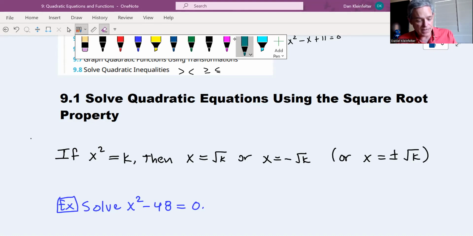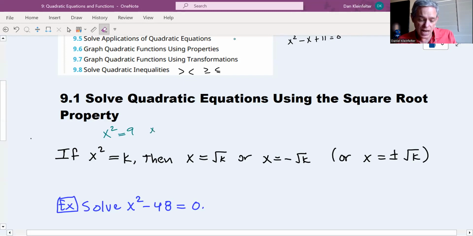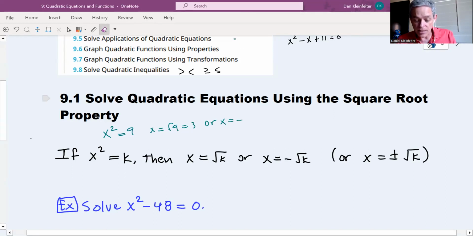So here's a little example, an easy one. If x squared is equal to 9, then x is equal to the square root of 9, which is 3, or x is equal to minus the square root of 9, which is negative 3. We might write that, for short, as x is plus or minus 3.